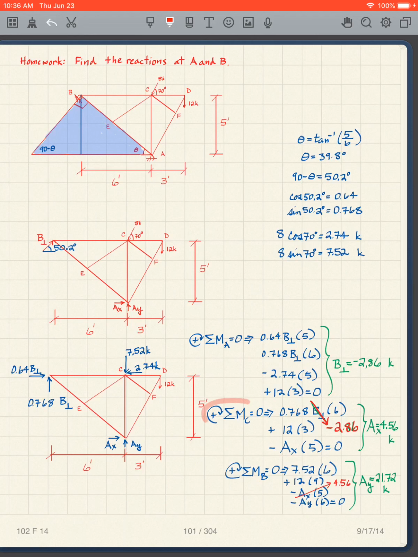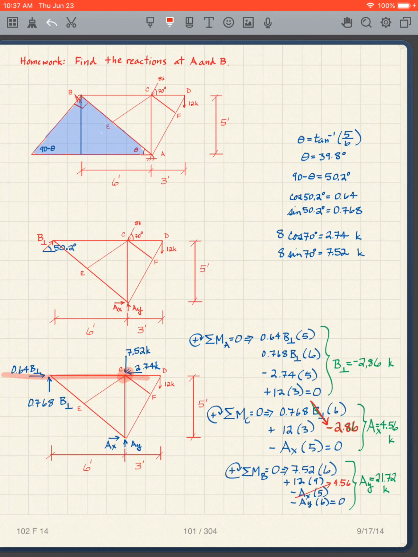Now we're going to take moments about C. So I'm going to take moments about this point. Why do we do that? Because we solved for B perpendicular, so I have those two values. If I take moments about point C, notice what I eliminate: I eliminate the AY. And then I can solve for AX. So I'm going to have this force times that distance.